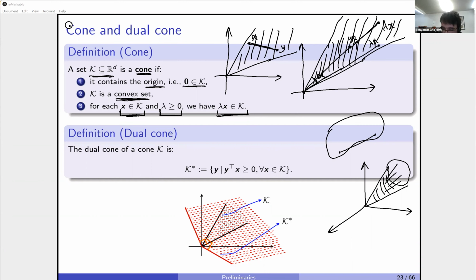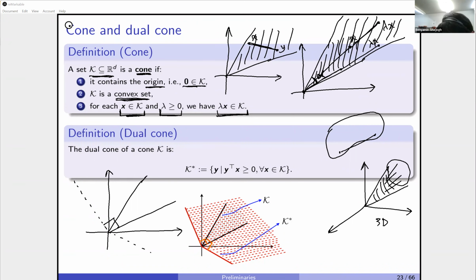So, in 3D, this is a 3D cone, right? And the dual cone is this. If we have this cone, the dual cone, I show it. Perpendicular to this side, I also draw this. So to each of the sides, I draw a perpendicular side.